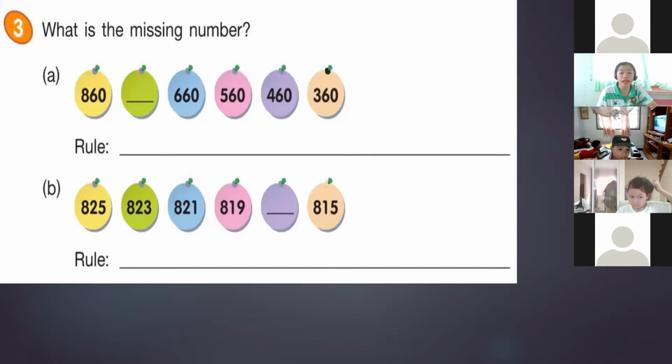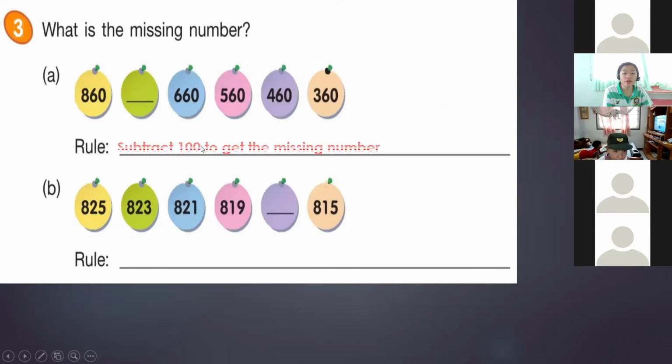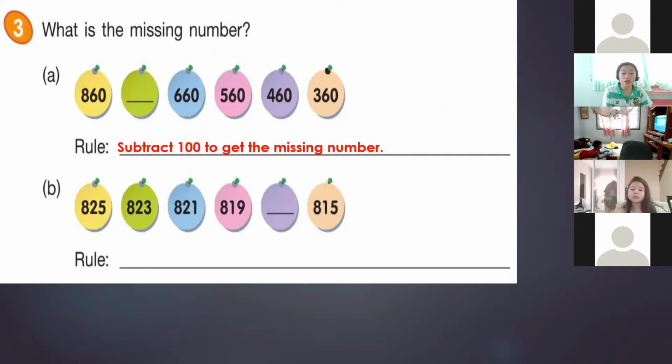We're going to answer. What is the missing number? Let's start with letter A. In letter A, the rule is subtract 100 to get the missing number. When it says subtract, we're going to minus.